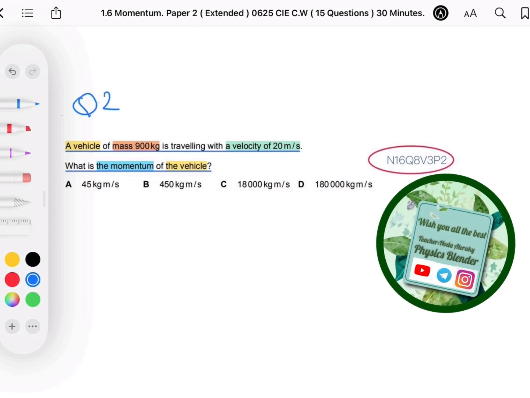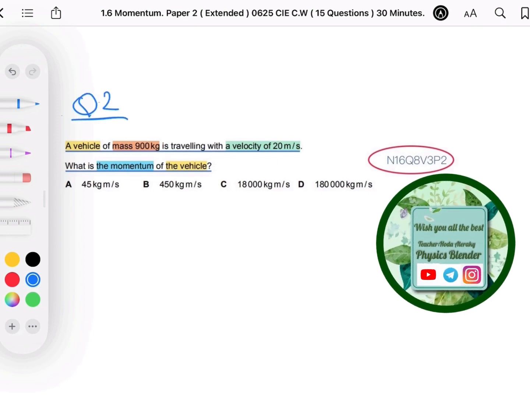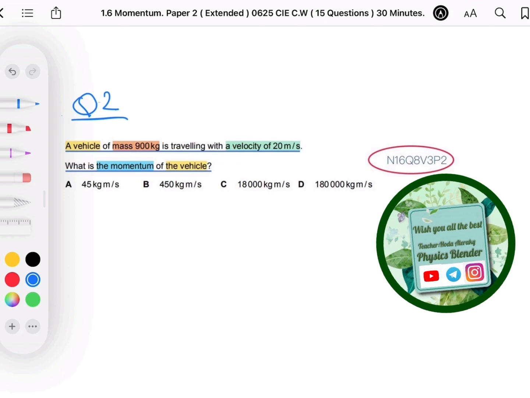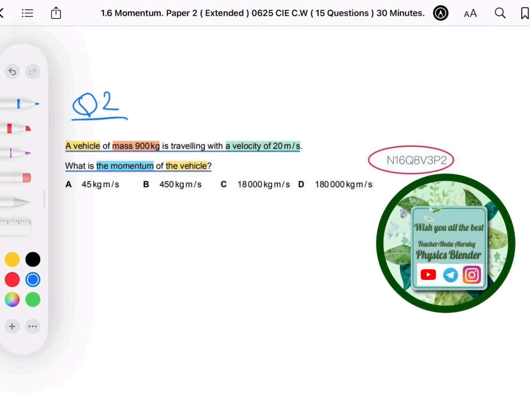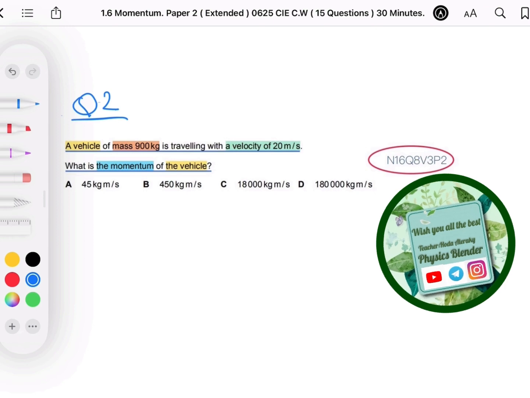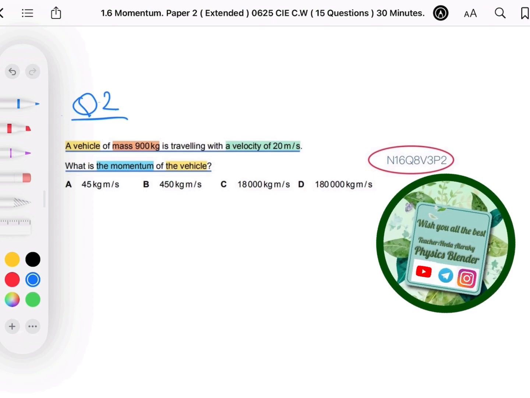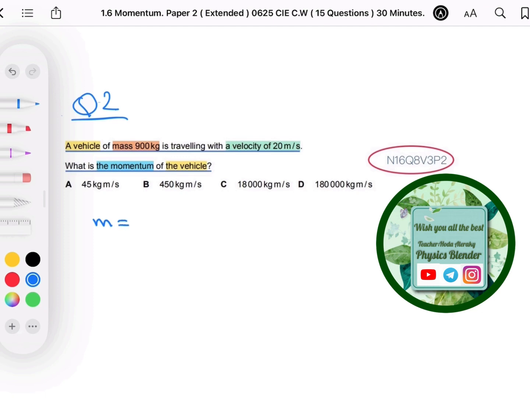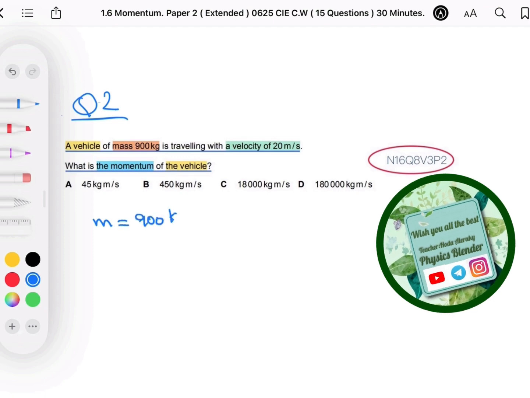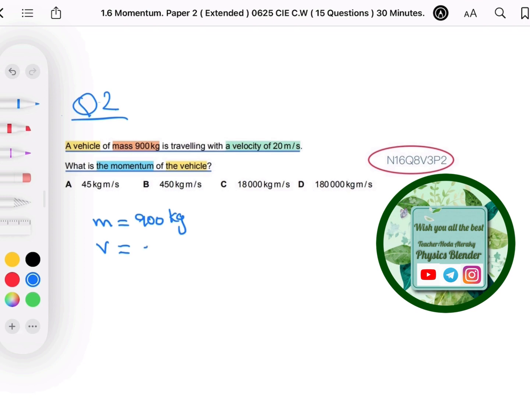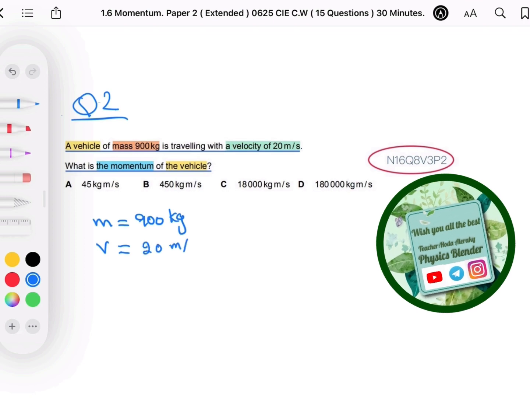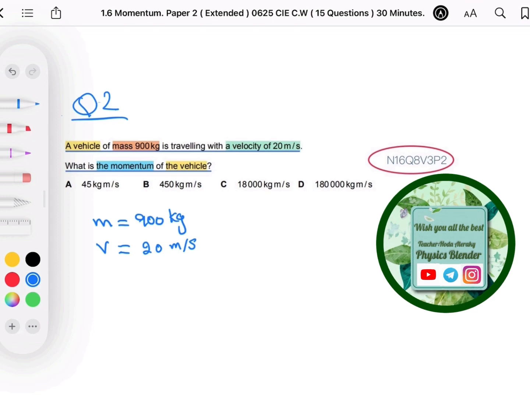Question 2. A vehicle of mass 900 kg is traveling with a velocity of 20 meters per second. Calculate its momentum. What you have here, mass is given, 900 kg. Check that you have consistent units. Velocity is given, which is 20 meters per second. Simply, you have to apply the equation.